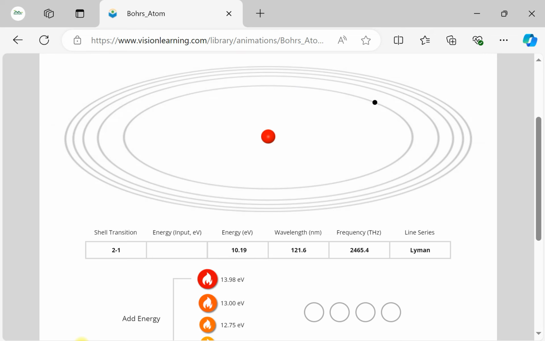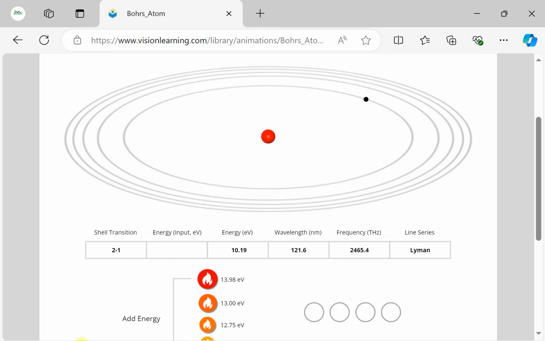So whenever there is a transition from a higher energy level to a lower energy level, the atom gives out some of the energy it has acquired. But if there is no transition, the electron continues to revolve around the nucleus in that orbit, and that orbit is called a stationary state.